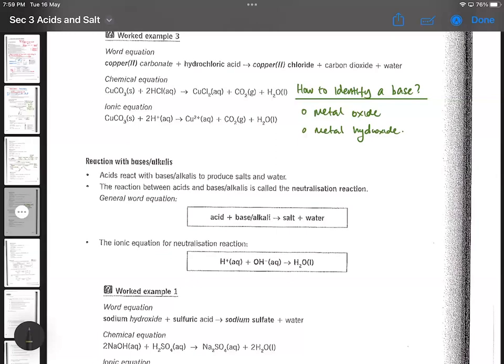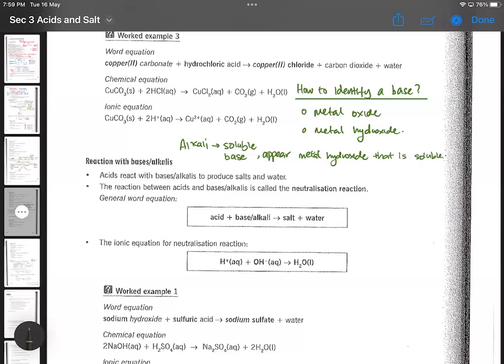So if your hydroxide is soluble, if they are a soluble base, normally an alkali will appear to us as a metal hydroxide that is soluble.